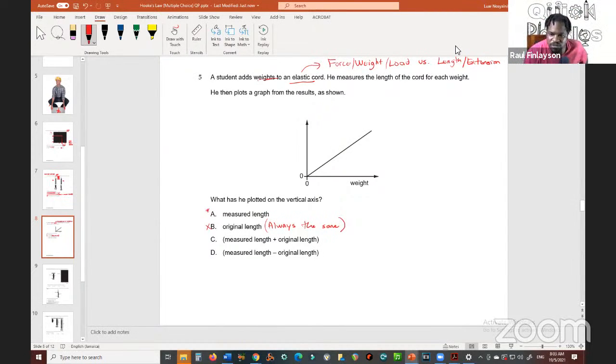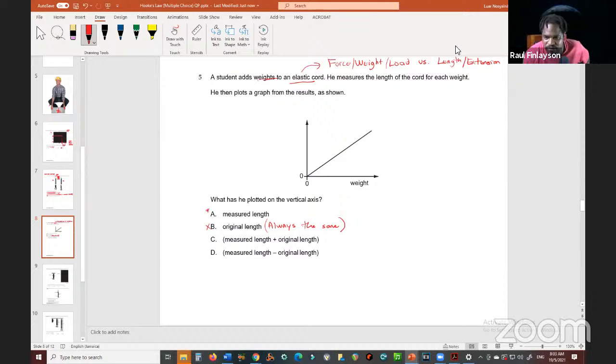So if the original length was 0 and the measured length keeps on increasing, this basically would eliminate C. In fact, A is the answer, but I was trying to see the closeness here.